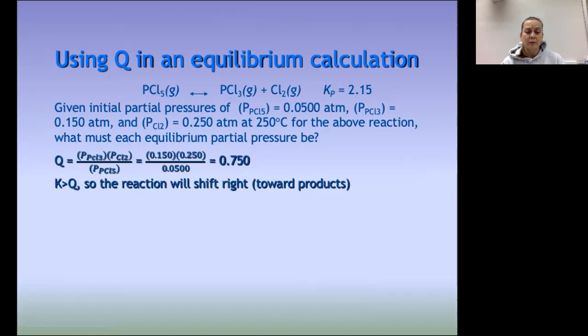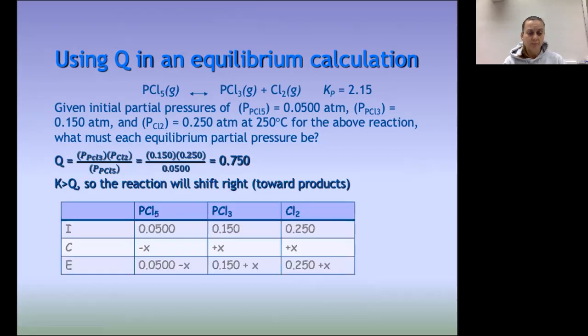So just as with all of our other equilibrium reactions, we're now going to set up an ICE table. So I've gone ahead and set up our ICE table, and here we know that this is minus X because we know our reaction is shifting to the right.